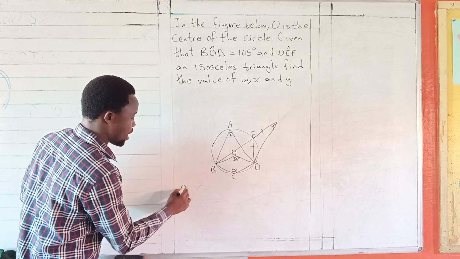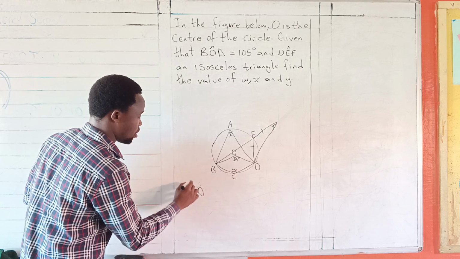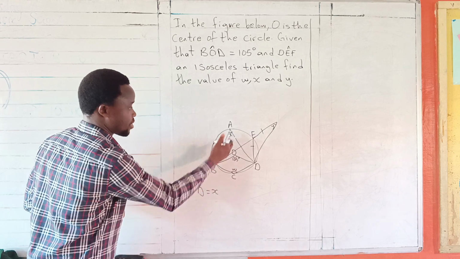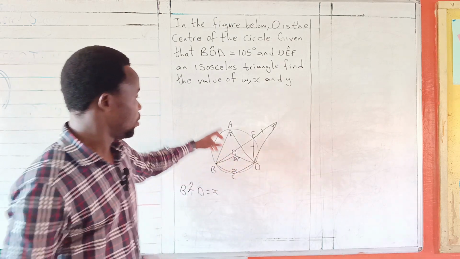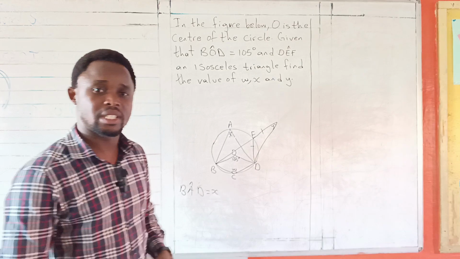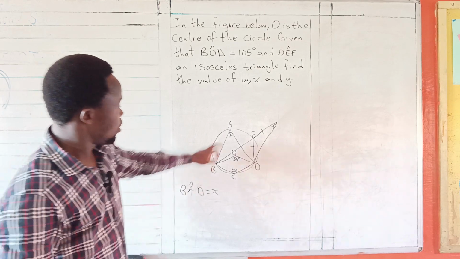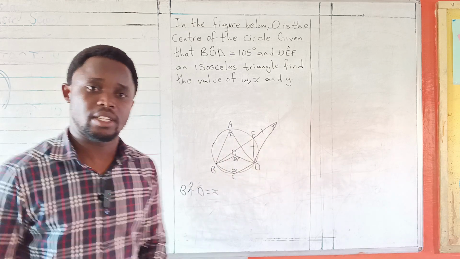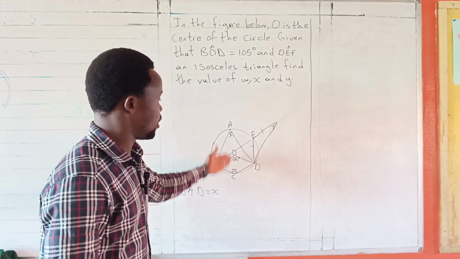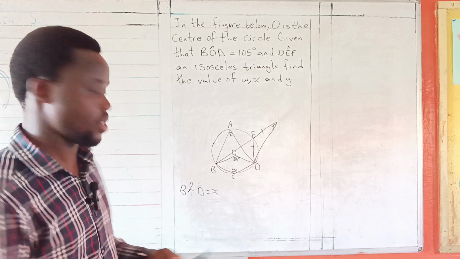To find BAD, which is X, we need to know the center. There's a theorem that says the angle at the center is twice the angle at the circumference.